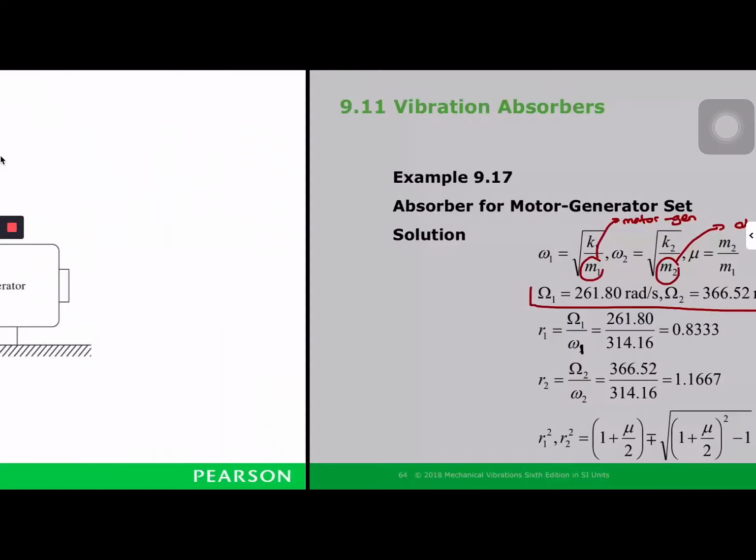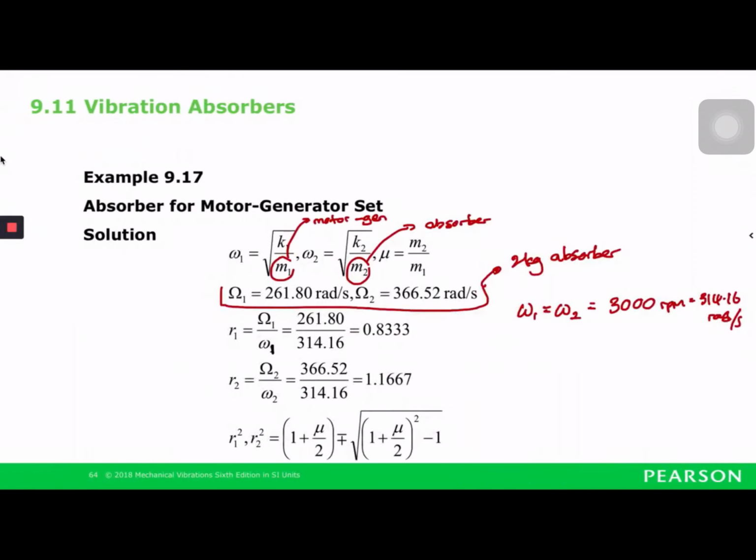Okay, so from this example over here, we have two operating frequencies, which are omega 1 and omega 2. Omega 1 is from the motor generator, omega 2 is the absorber, and M1 tells us the mass of the motor generator, M2 is the mass of the absorber.